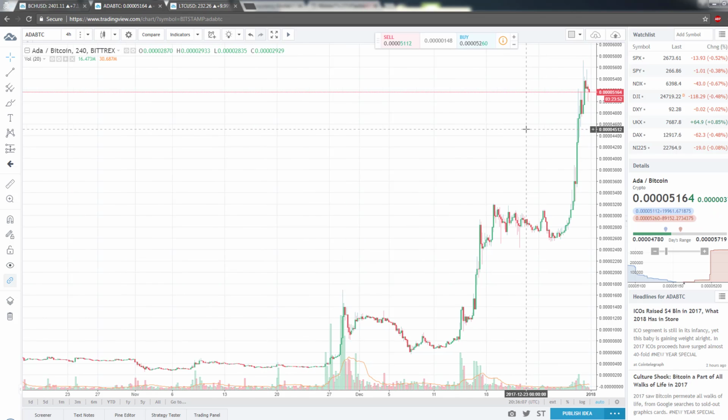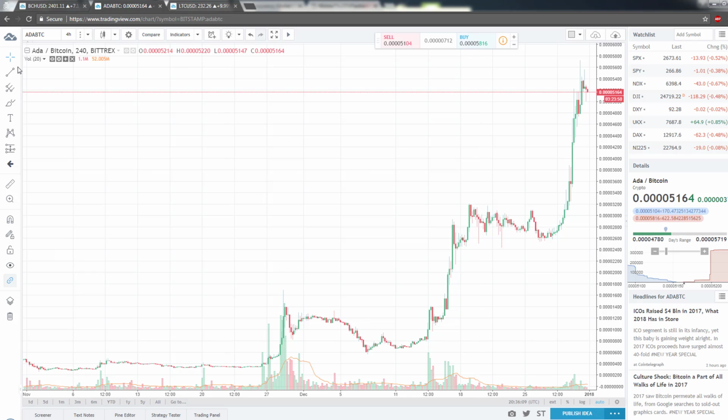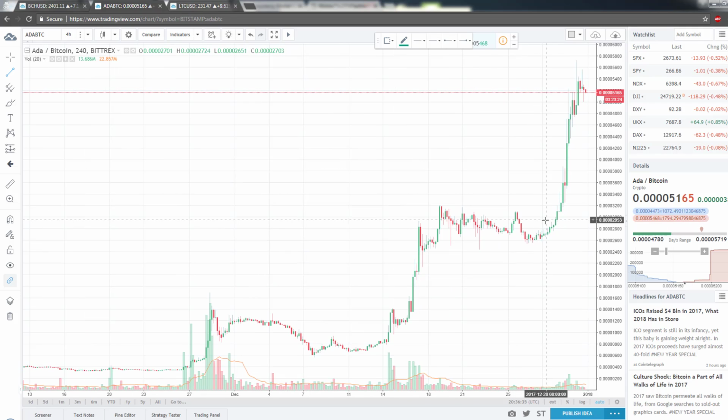I would say watch out for retracement. If you entered long, it depends on whether you're short term, swing, long term, or whatever approach you take to this cryptocurrency. It all changes. So for this right now, if you're short term, get out.